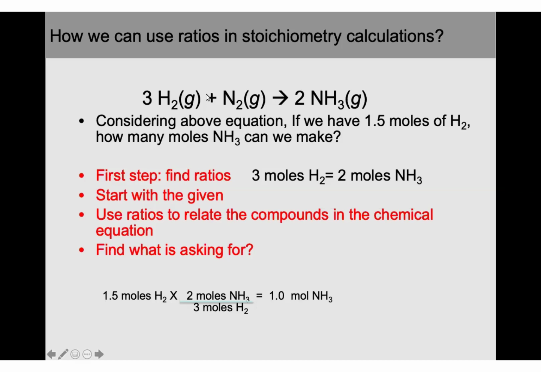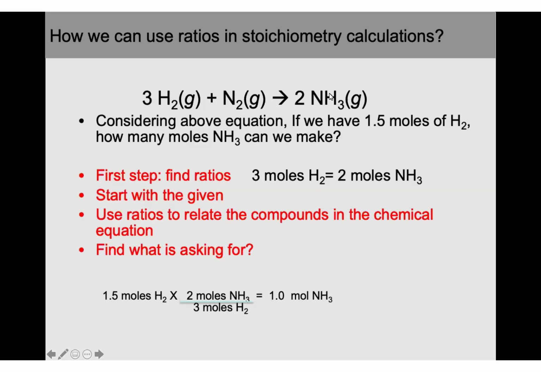Okay, so the first step here is to find ratios between the compounds in question. You don't necessarily need to relate all of the compounds. Just look for what is given and what is asked for. Here, 1.5 mole of H2 is given, and it is asking for moles of NH3.